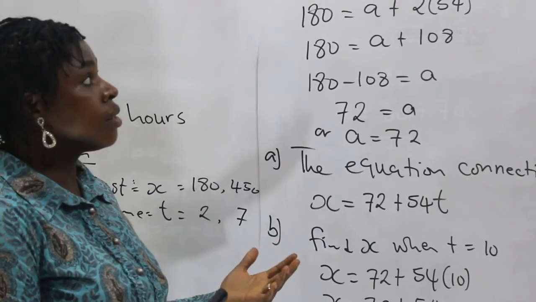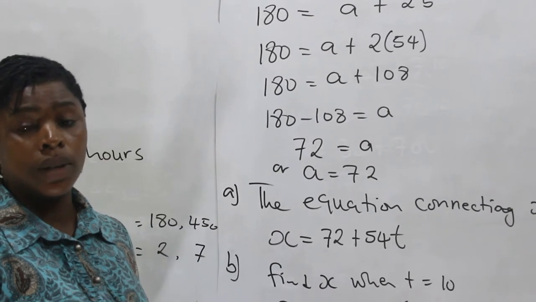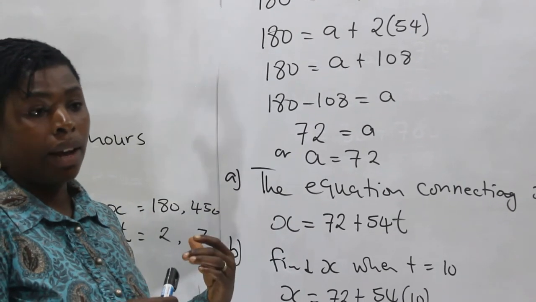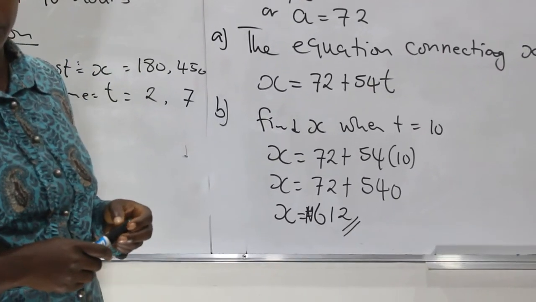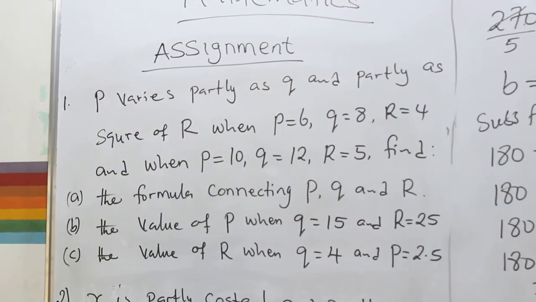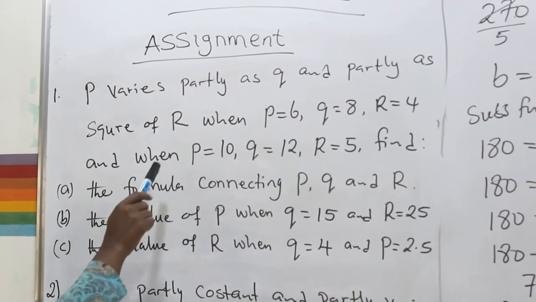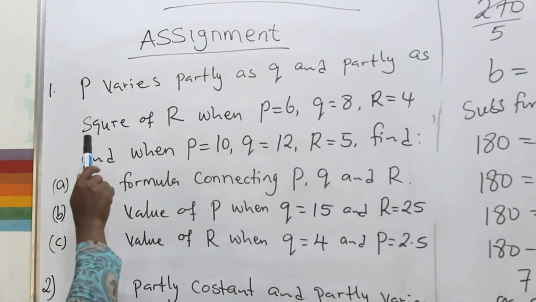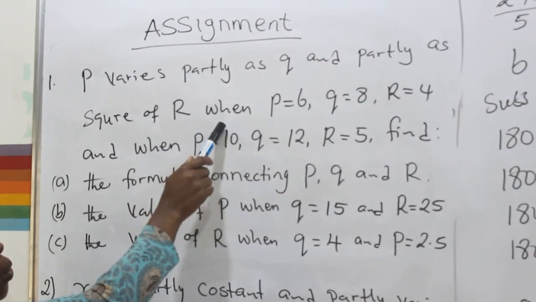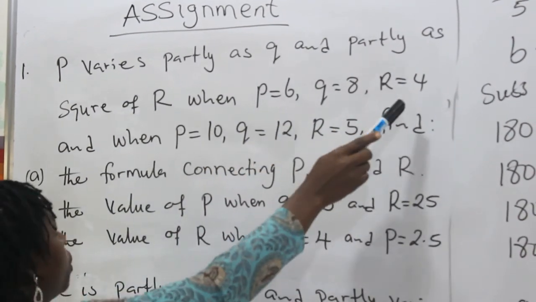So with these two examples, I believe we'll be able to solve the assignment that will be given now. Let's take this assignment, only two. The first one: P varies partly as Q and partly as the square of R. When P equals 6, Q equals 8, and R equals 4.